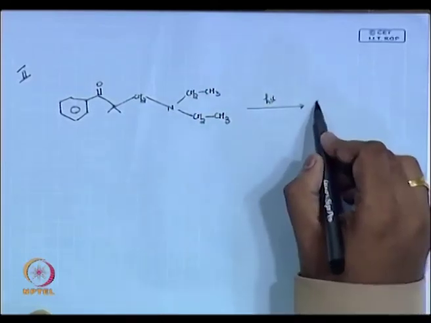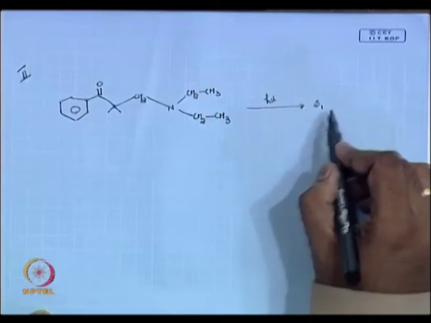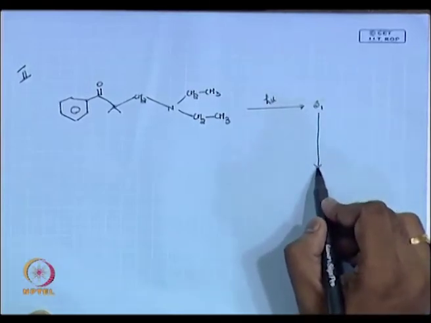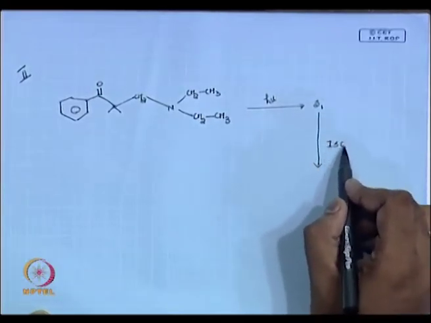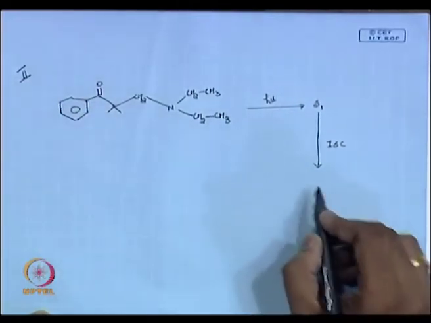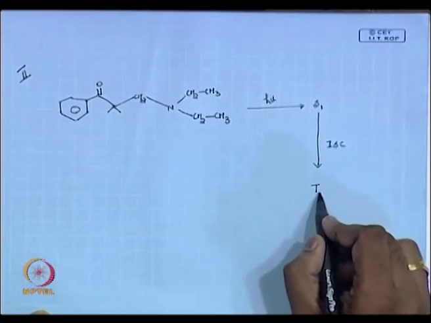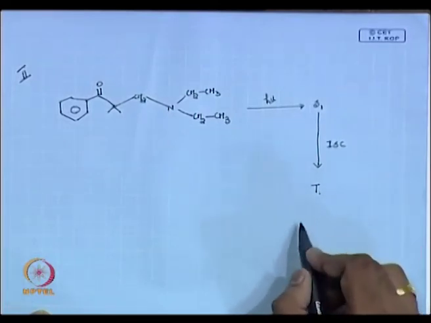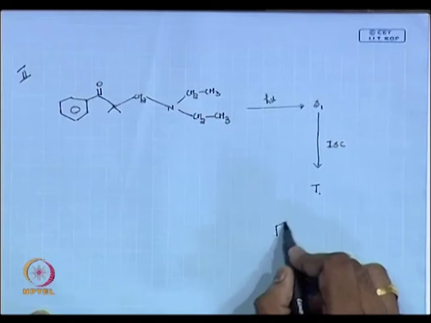Initially, you know that it goes nicely to S1, then because it is an aromatic system, aromatic ketones, it undergoes an intersystem crossing to T1. So, can I write down my T1?